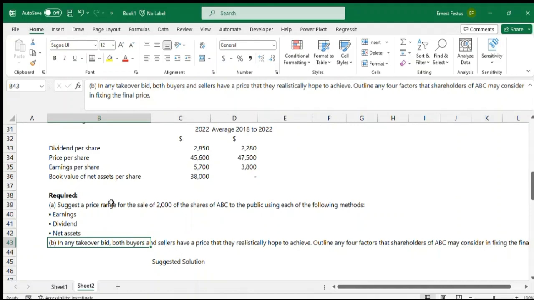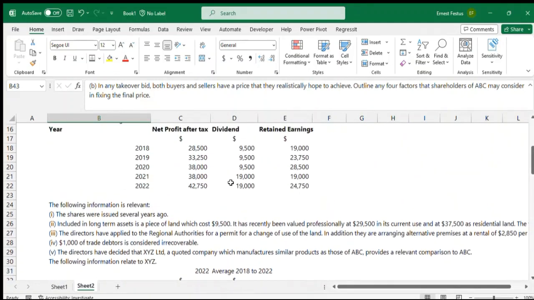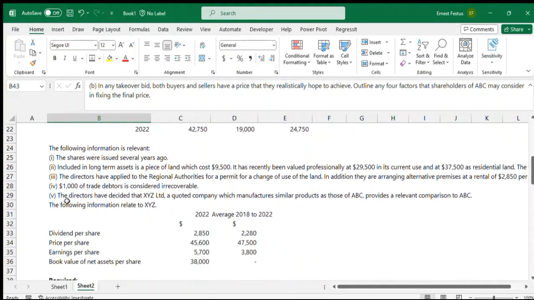So let's see how we can solve this question. I said that XYZ is the quoted company and ABC is unquoted. So we are going to use what is available, adjust it as a proxy, and use it for the unquoted company ABC Limited.